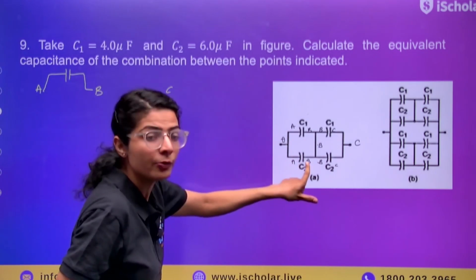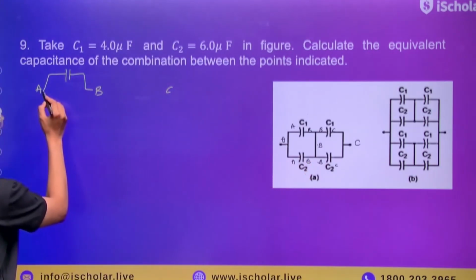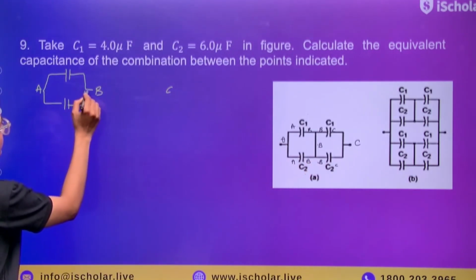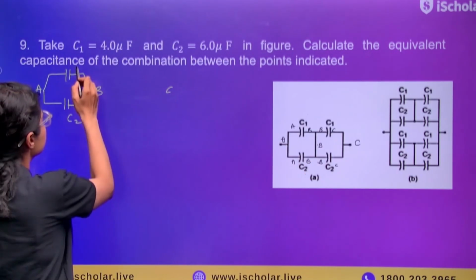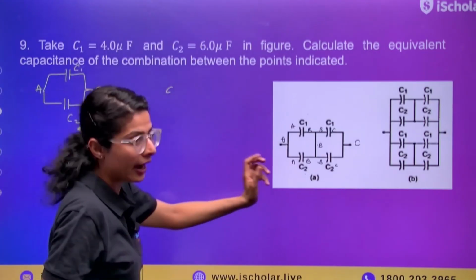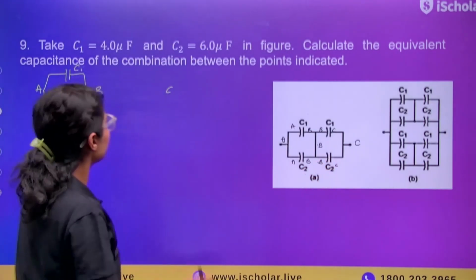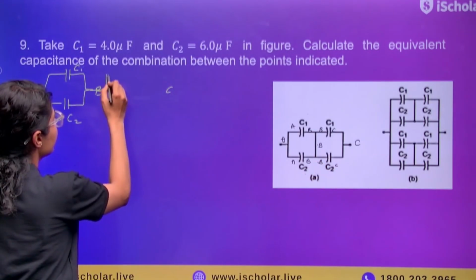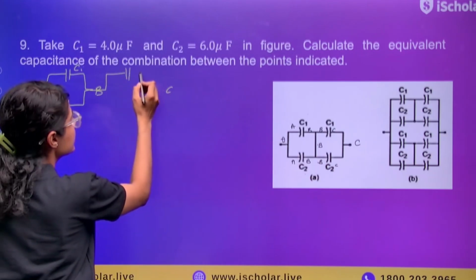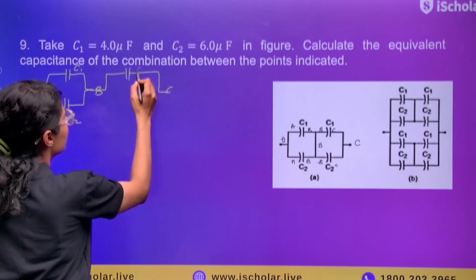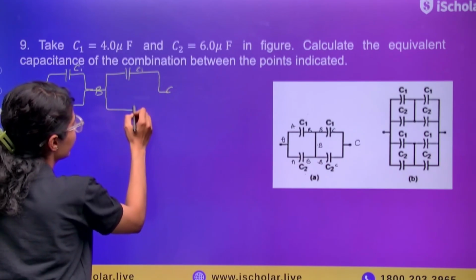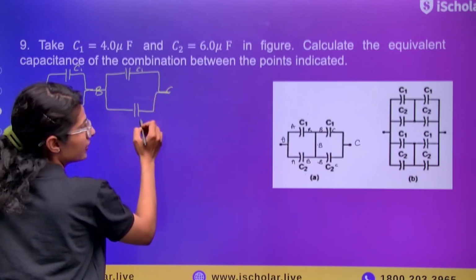C2, which is also between A and B, I'll write it over here as C2. This is C1, this is C2. Again, between B and C, we have one capacitor which is C1. Again, between B and C, we have another capacitor which is C2.